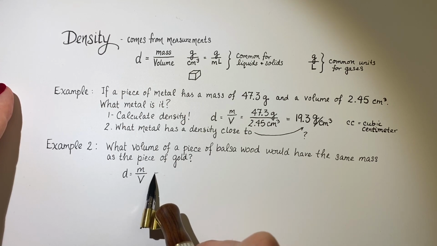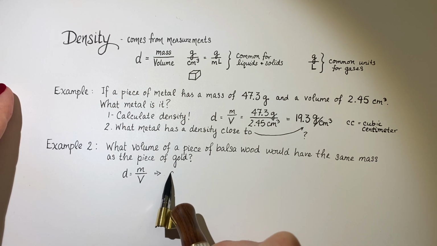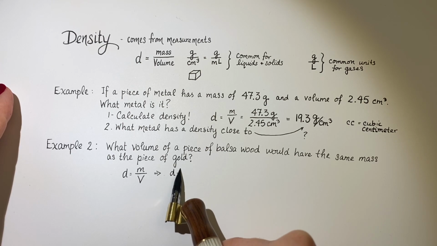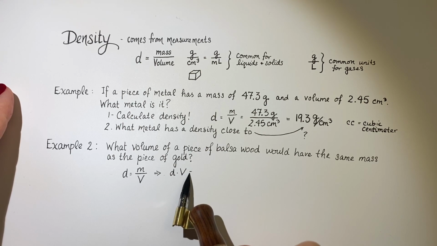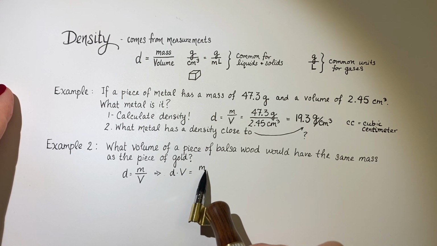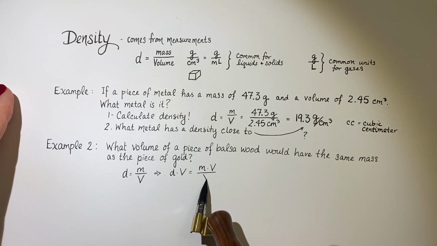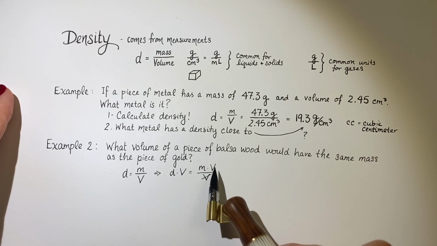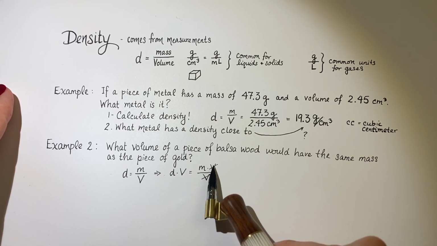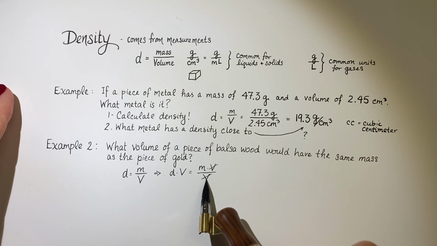So if we multiply both sides by volume, then that means we can cancel out volume, the numerator and denominator on this side.